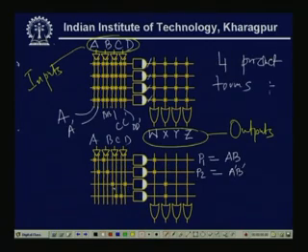The third product term, P3 equals C D bar. P4 equals C bar D.